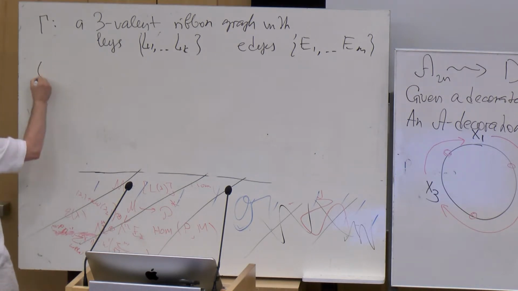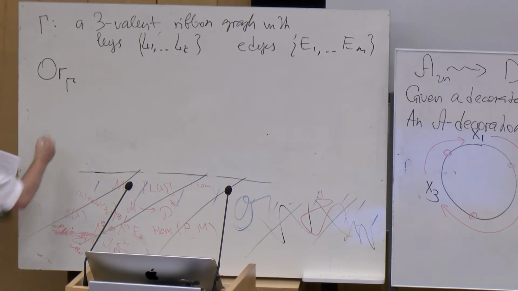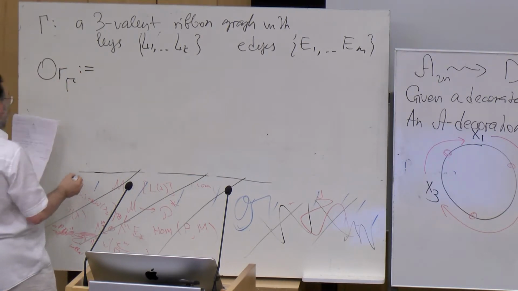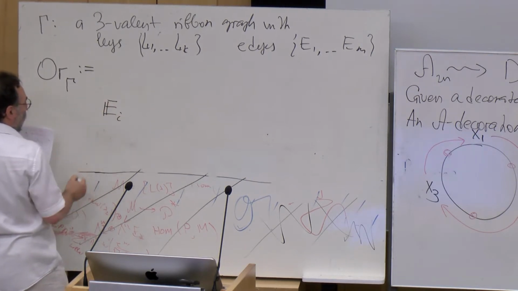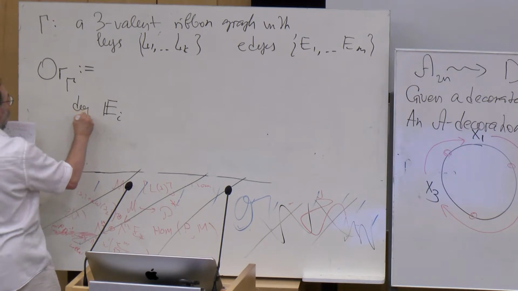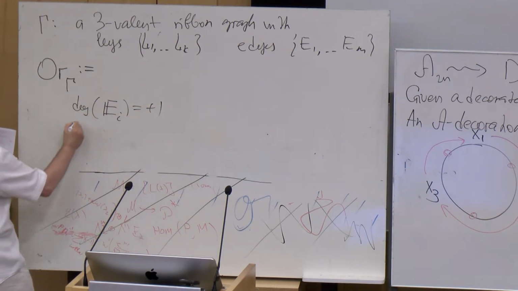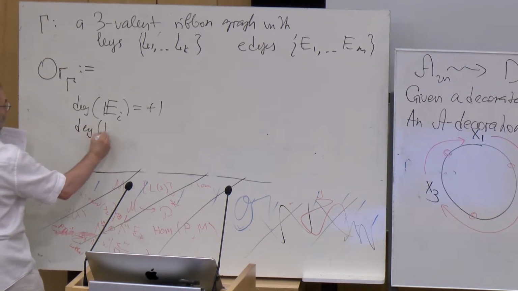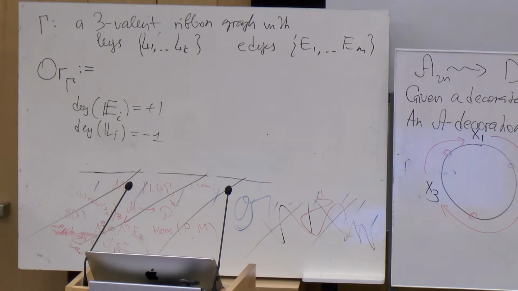Now I define the orientation torsor of the graph. And this is by definition the following Z-line. So I introduced some formal object EI, which has degree +1 and corresponds to HEI, and some other formal variable LJ, which has degree -1 and corresponds to the leg.